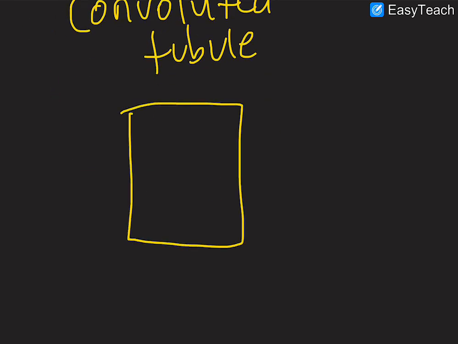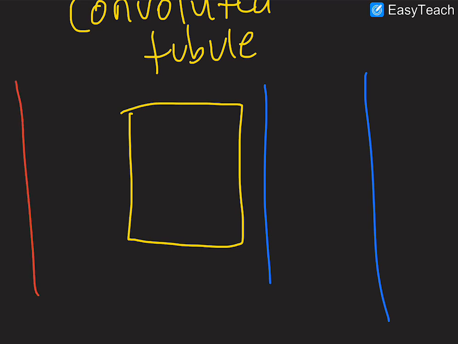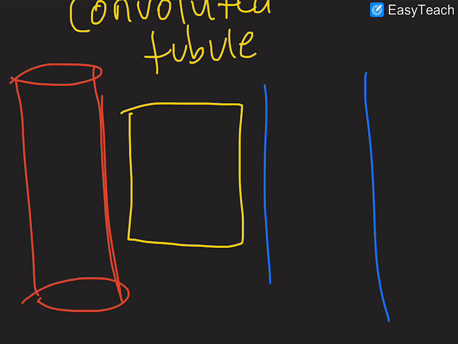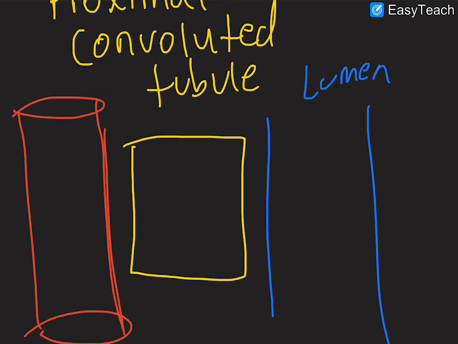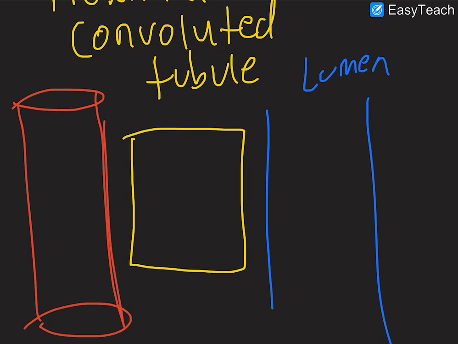Our lumen is on this side, and we have our blood vessel on this side, our peritubular capillaries. And this is going to be our proximal convoluted tubular cell.